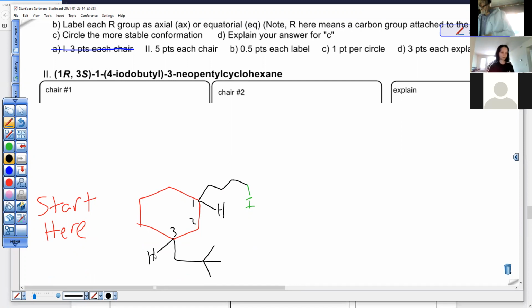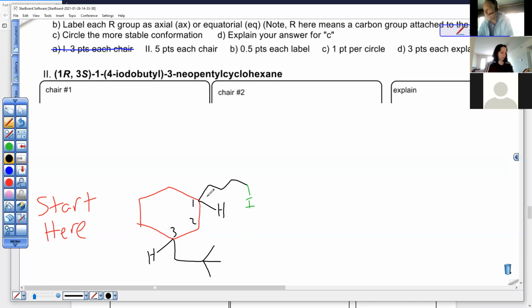And remember what I told you about doing R and S? Notice I didn't do wedges and dashes yet. We have to decide our priorities and connect them. If I connect priorities 1, 2, and 3 off of stereo center 1 and I get clockwise, I'm going to put the H on a dash.